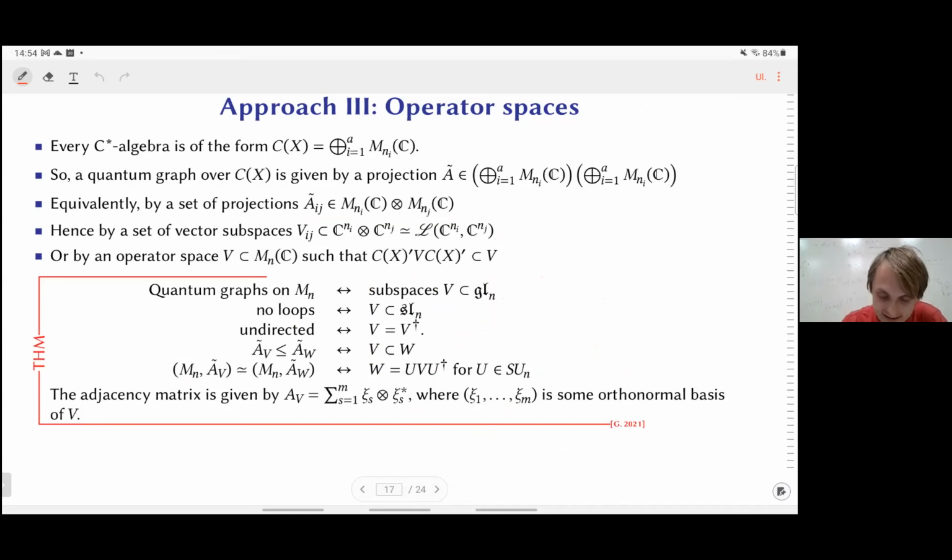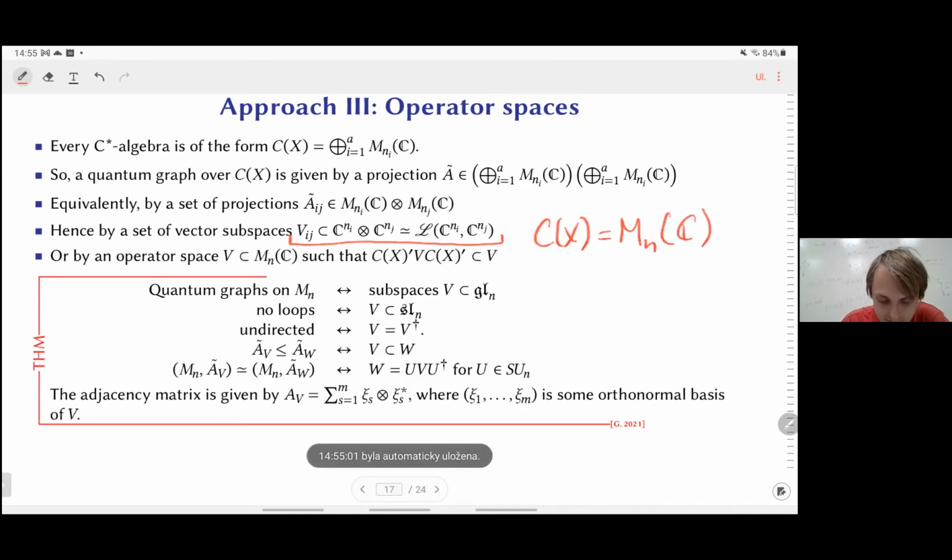As I said, any quantum graph is given by such vector subspaces, and therefore if I take M_n C for my C-star algebra, then quantum graphs are in one-to-one correspondence with vector subspaces inside C^n tensor C^n.